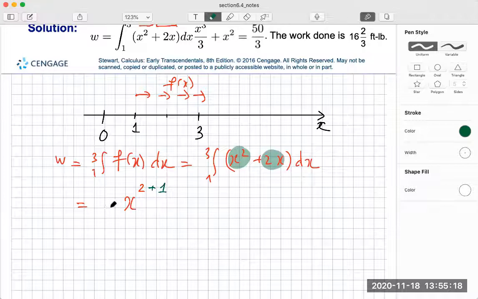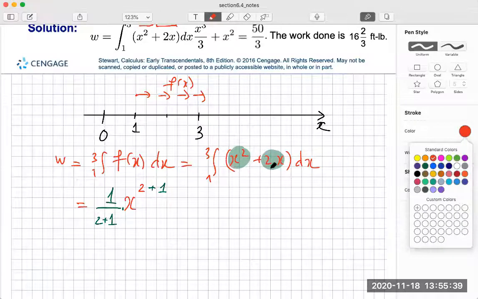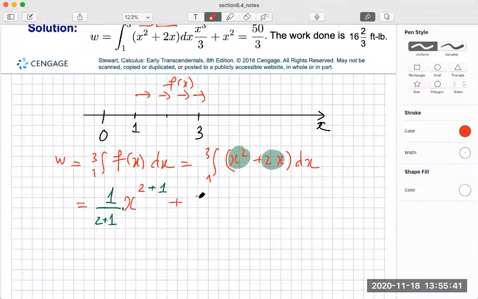Then multiply by a fraction whose denominator is exactly this power, which is 2 plus 1. Very good. The same applies here, right? But since we take the integral, we can ignore the number 2 here. We just rewrite it. Okay, the constant does not affect it.